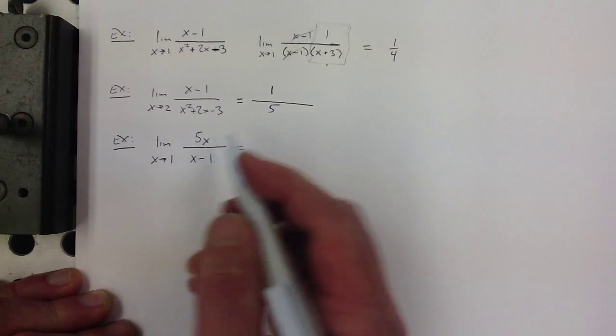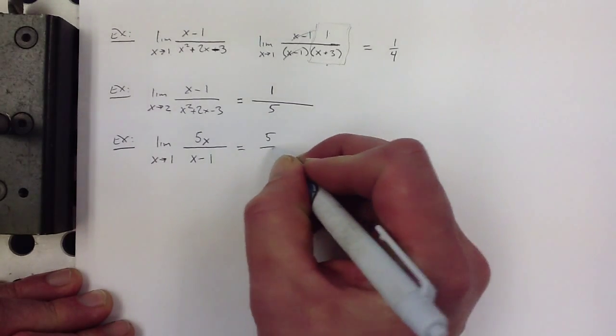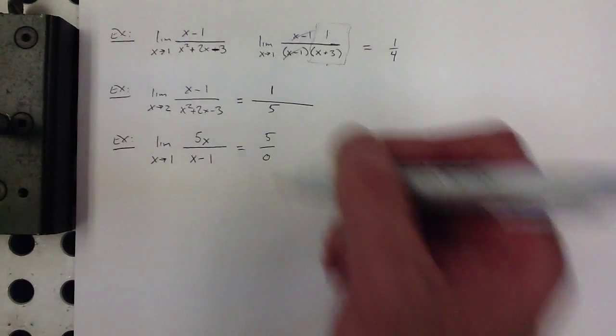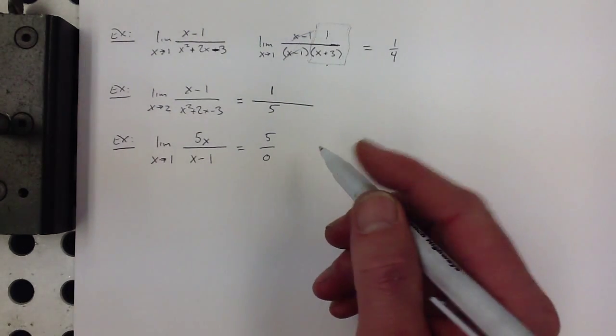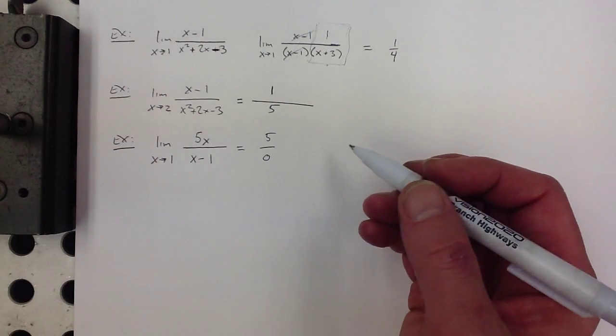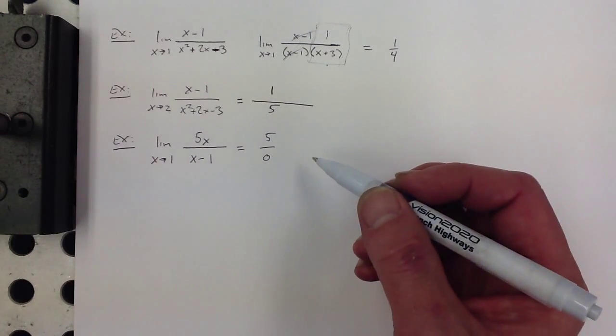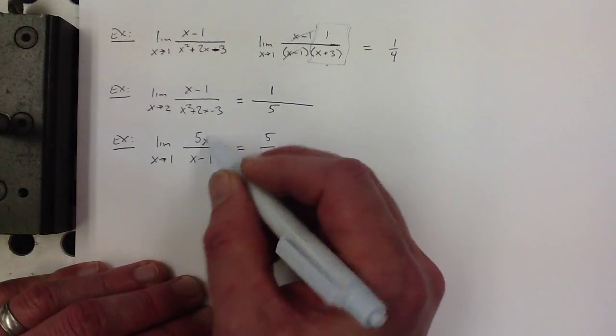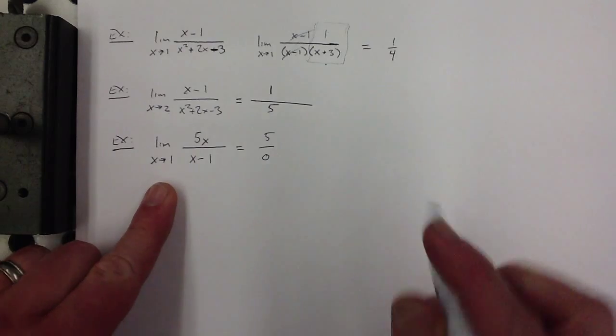Plugging 1 in there, I get 5 over 0. Well, there's a 0 there, and you can't divide by 0, so this is some kind of undefined. But should we report it as undefined, or should we report it as positive or negative infinity relative to our one-sided limits? I think you need to investigate a little bit what's going on here.